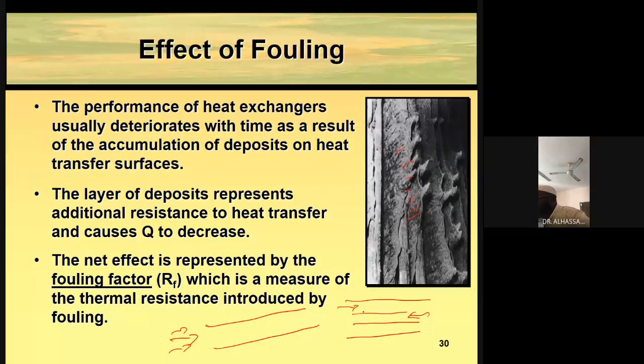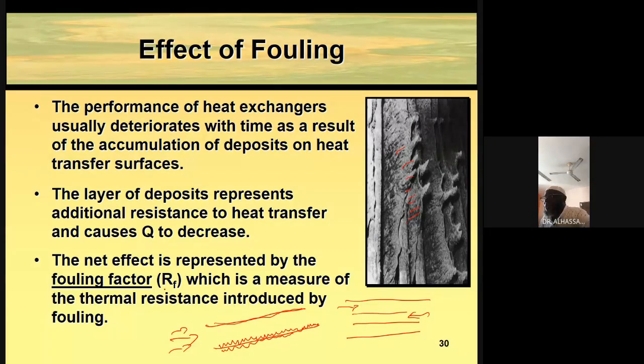So as time goes on, there will be some small particles that will be coated on the surface of the tube, as well as the outer surface of the tube. And these are what we call fouling. This fouling increases the thermal resistance of the tube, because they resist the heat transfer from the hot fluid to the cold fluid.